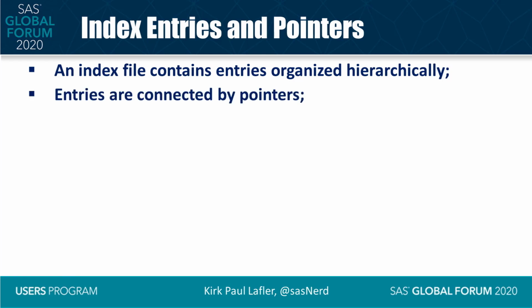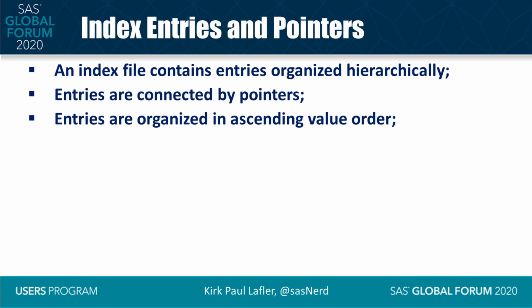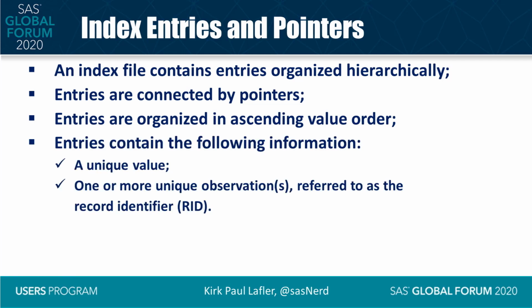Entries are connected by pointers. The entries themselves are organized in ascending value order. Entries contain the following information: a unique value and one or more unique observations. This is referred to as the record identifier, or RID.